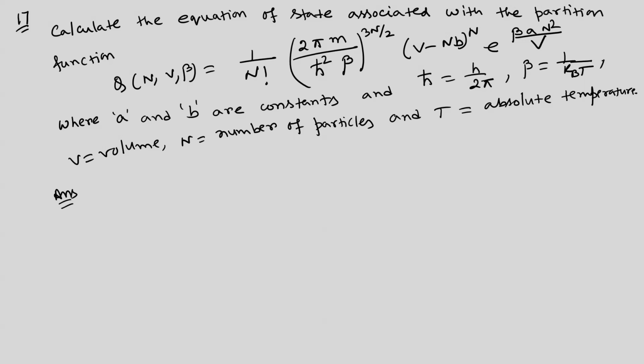So, this problem is very similar to the previous problem we just discussed. Again, we need to calculate the gas equation of state from the partition function. So, we need to calculate average pressure from the partition function given in the problem.